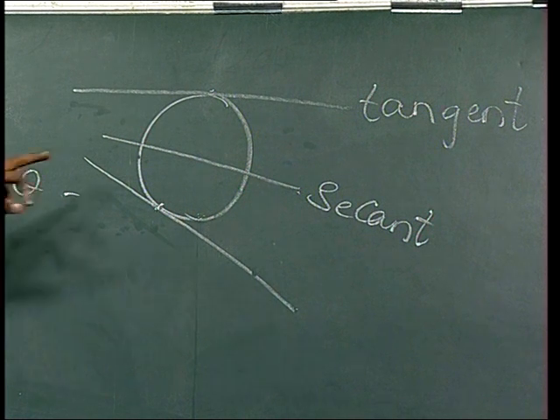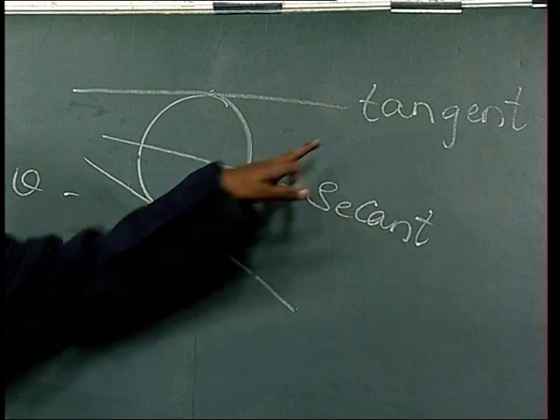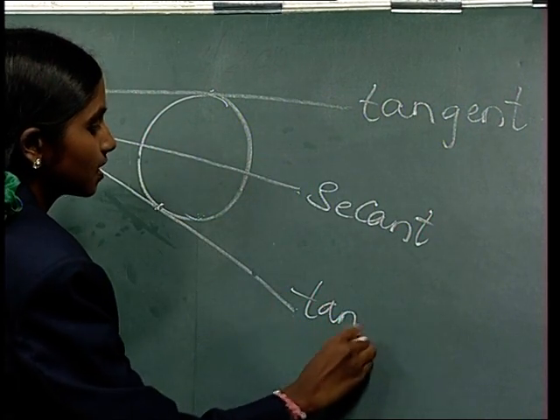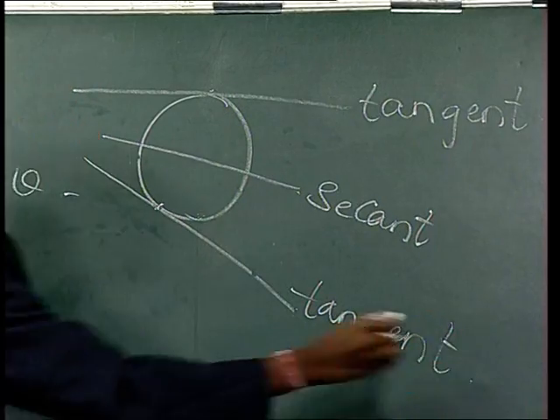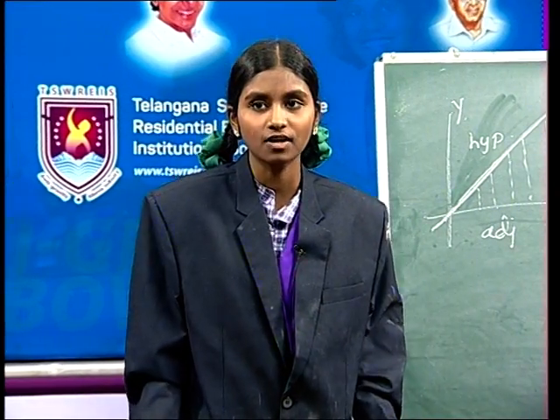So, this line is considered a secant, and the first line and the third line are also considered tangents. So I hope you all have understood the difference between tangent and secant, right?